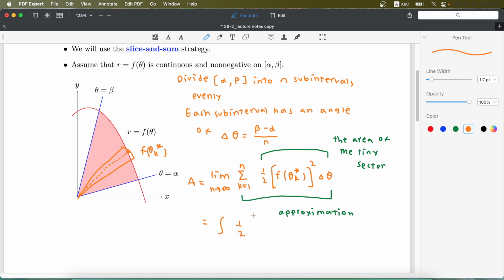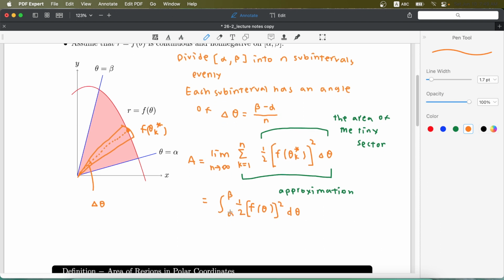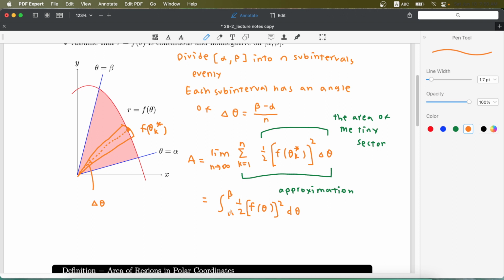The integral of 1/2 r squared, where r is f of theta because r equals f of theta, times d theta. Delta theta becomes d theta, that's the corresponding angle, this tiny angle. And from alpha to beta, so that will be the area formula enclosed by a polar curve.